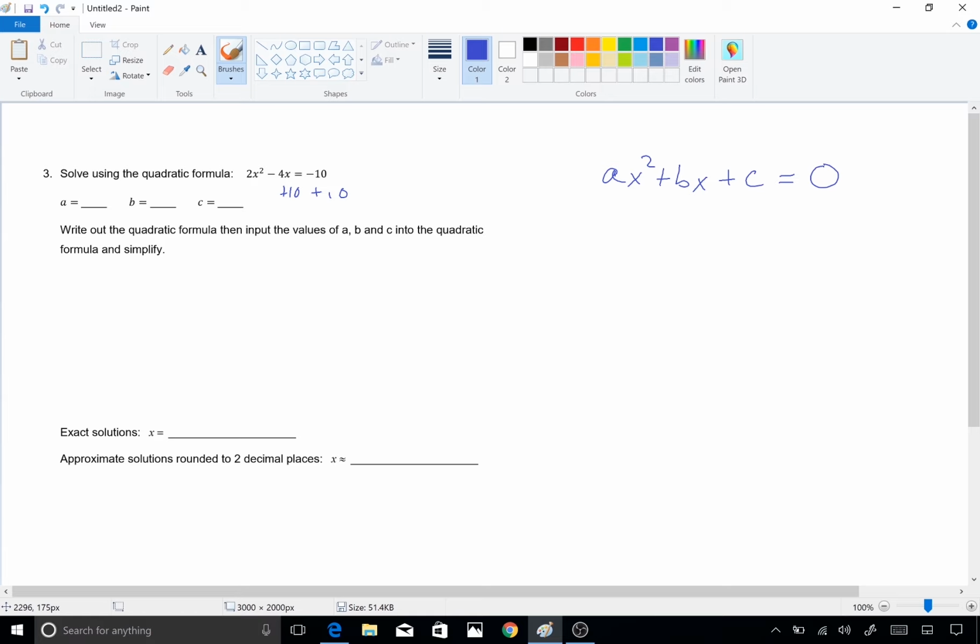We need the right side of the equation to be 0. We have 2x squared minus 4x plus 10 equals 0. A equals 2, B equals negative 4, C equals 10. Plug these into the formula.